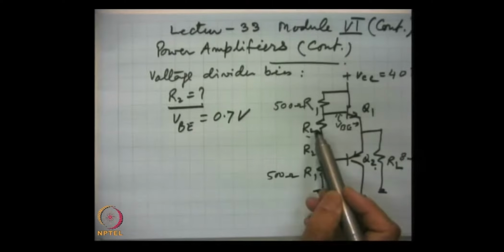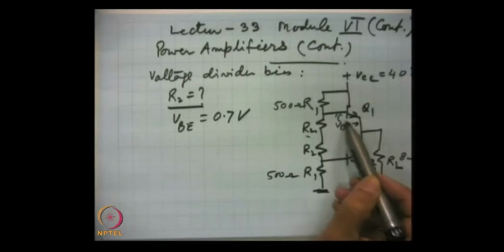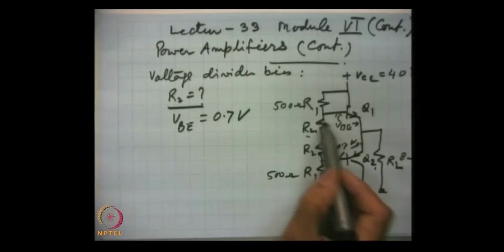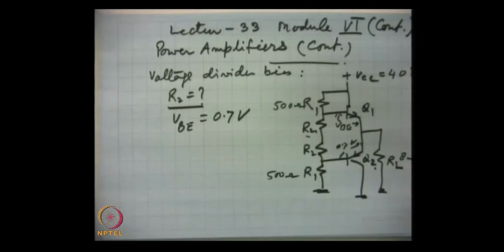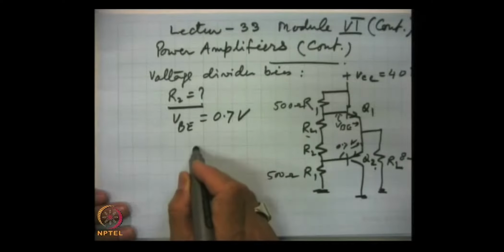This example will illustrate several points. Now, this R2 and this R2 are identical, because this voltage drop here is 0.7 volts, same as here also 0.7 volts. I made a statement that for analysis purposes it is sufficient to take the half circuit. So, to find the value of this resistance R2, I will take half of it, and that is this.